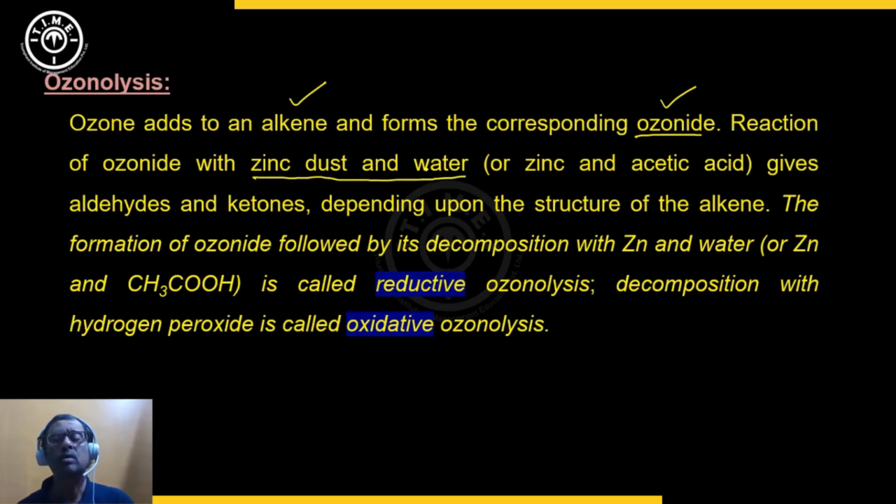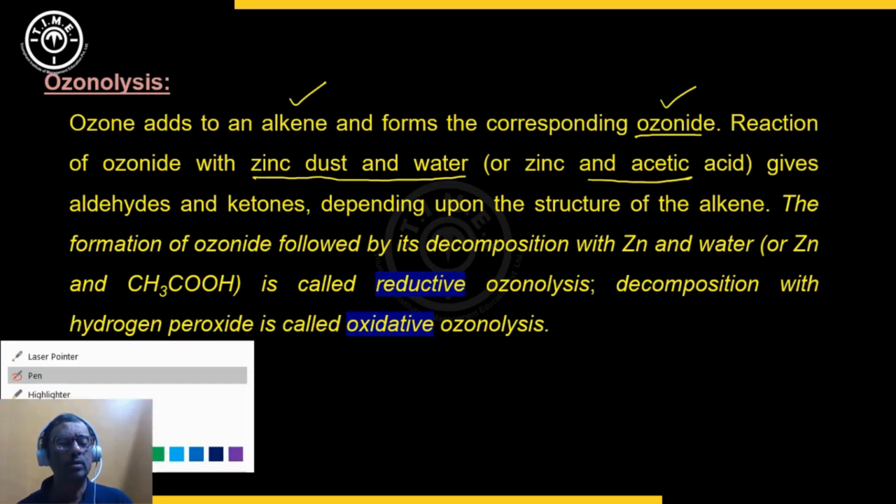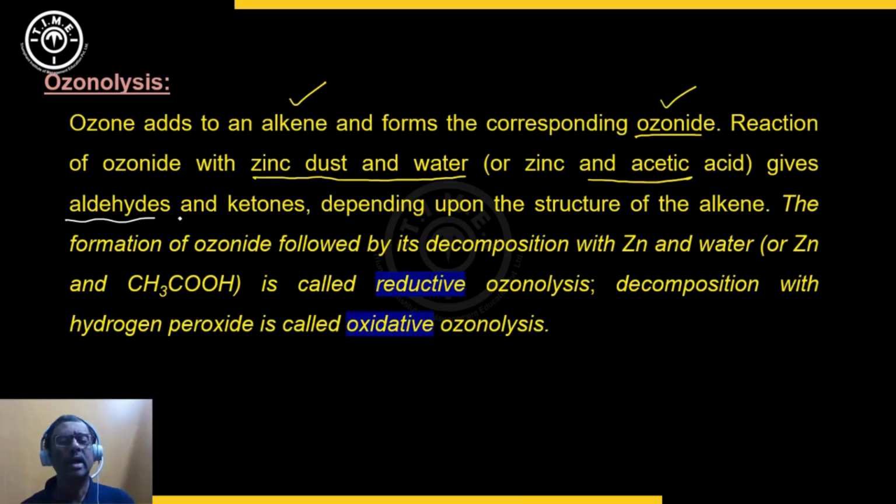This is what we talked about, one combination, or zinc and acetic acid, or even methyl sulfide, will give what? Aldehydes and ketones. So you'll get aldehydes and ketones depending on the structure of the alkene. So ozone is adding to an alkene or an alkyne to form an ozonide, an alkene ozonide or an alkyne ozonide, and then subsequent treatment is with zinc dust and water, or zinc and acetic acid, or even methyl sulfide.